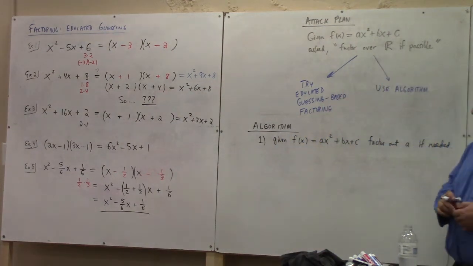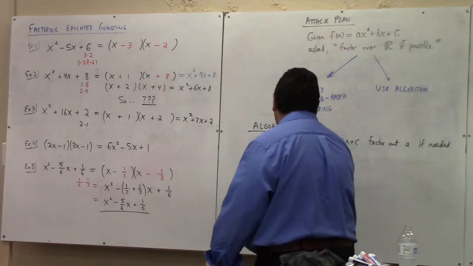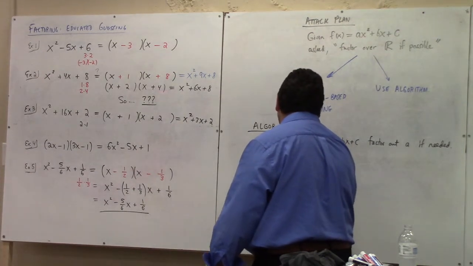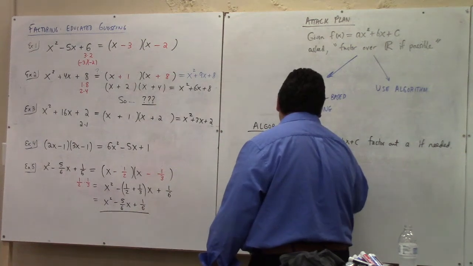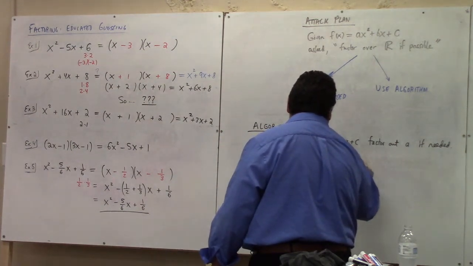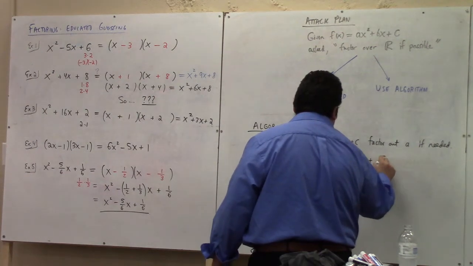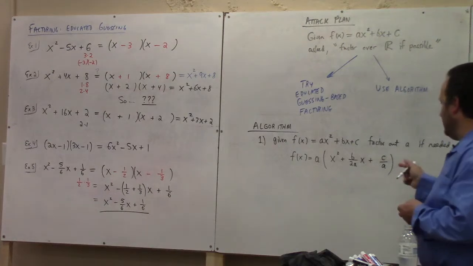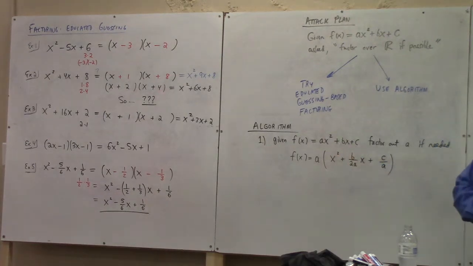The first thing I'm going to do is rewrite it as f of x equals a times parentheses x squared plus b over a x plus c over a. My first step is to just divide a out. Step number 1, pull a out if necessary.